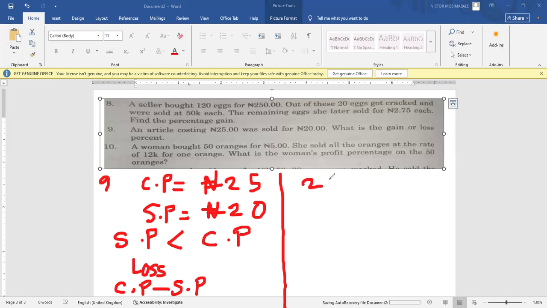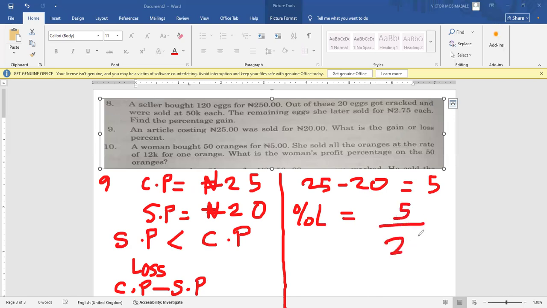So that's 25 minus 20, which is 5. But the question did not leave us there. It said, what is the gain or loss percent? So percentage loss is loss over cost price. Loss is 5 over the cost price, 25, times 100% over 1.